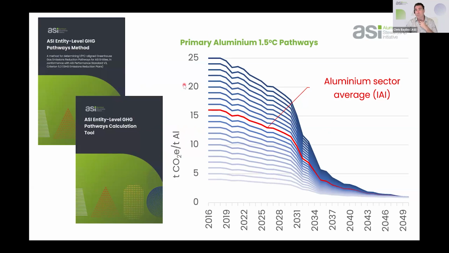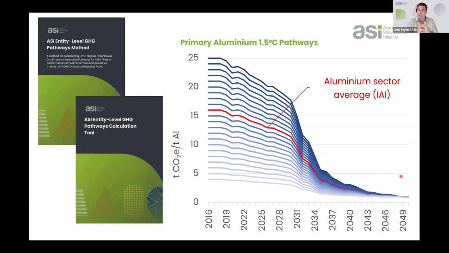The variability is driven by power generation, whether it's thermal power at the upper end or hydropower or nuclear or other renewables at the lower end. It describes, from that given baseline performance, a trajectory towards 2050 and convergence on a sectoral emissions intensity number.